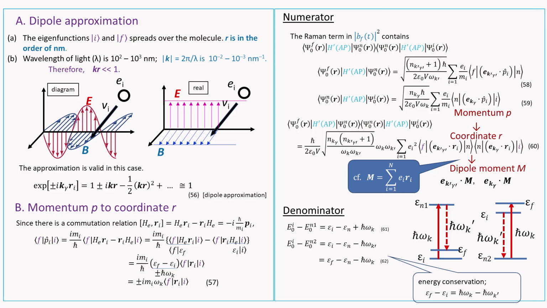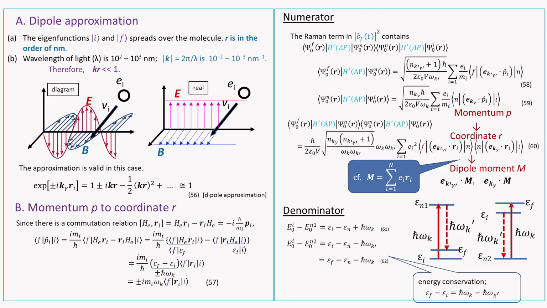We have considered that when molecules go across the electric field, the force occurs and the interaction Hamiltonian occurs. Okay? But let's think about the size of the molecule and light dimension. Eigenfunctions such as I or F or N belong to the molecule, and they describe the distribution of the electrons around the molecule.